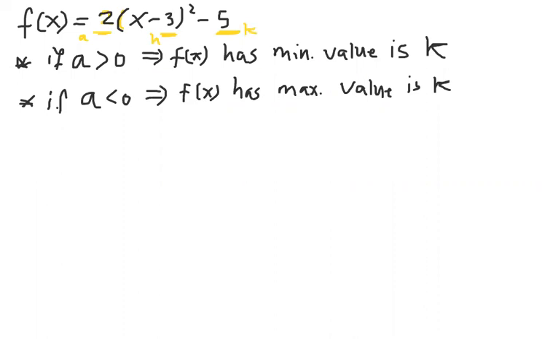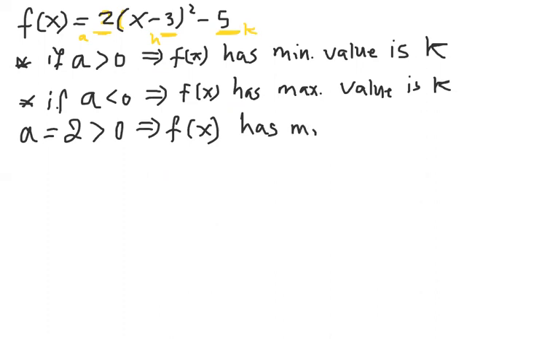So from my question, a is equal to 2. That means it is positive. That means f of x has a minimum value. What is it? It is k. It's minus 5.